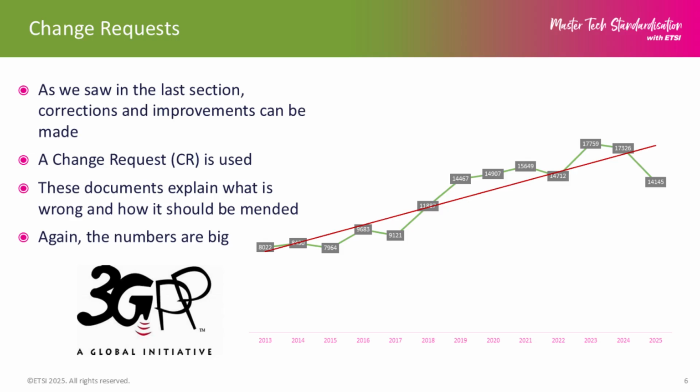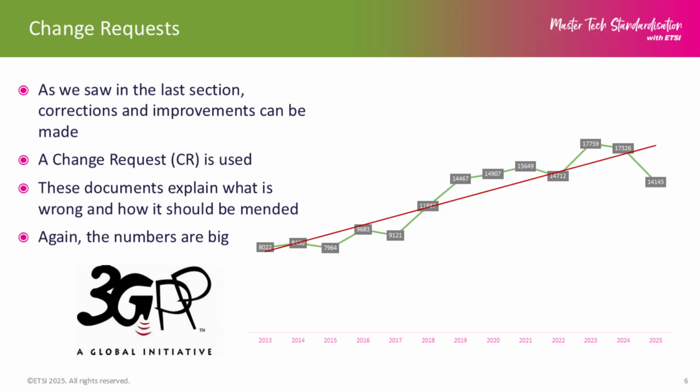When new features are added, we also create change requests. Here are the numbers. You can have a look at 2023, where we're hovering around 17,000 corrections and additional features. The document to make these changes is called a CR, or change request.